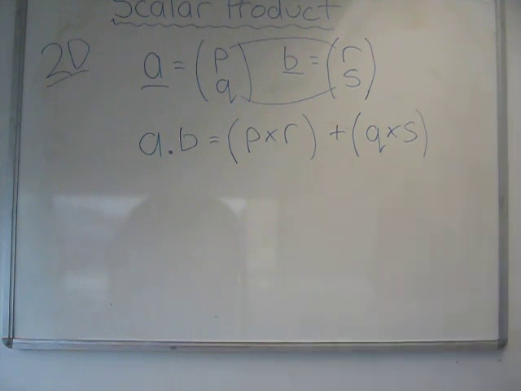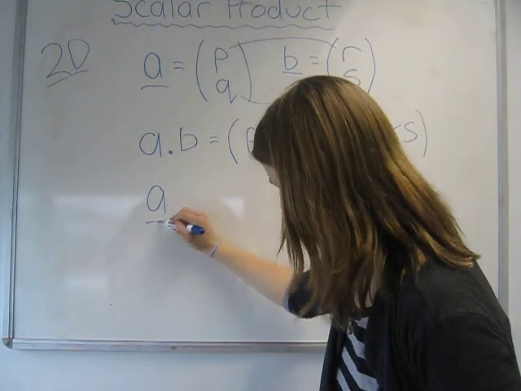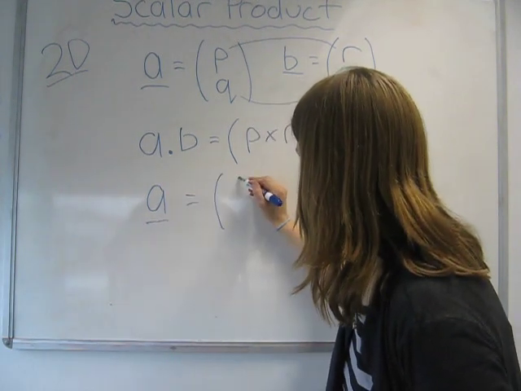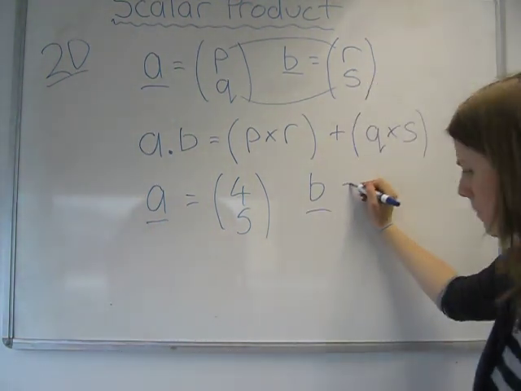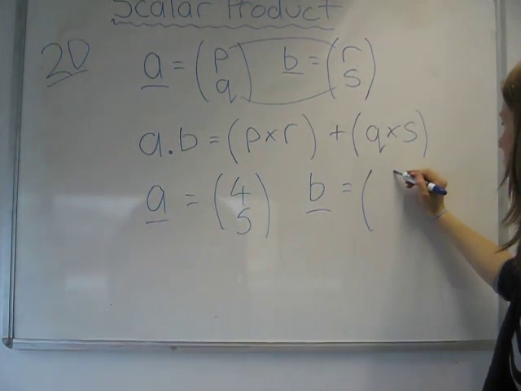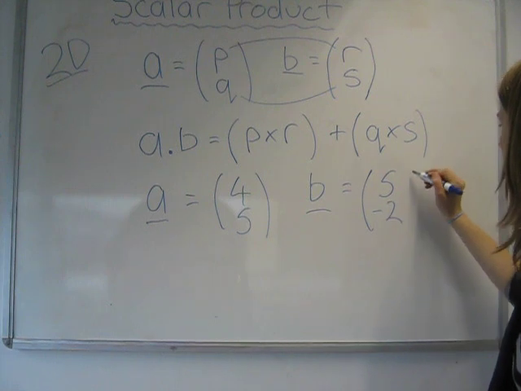Okay, so let's take an actual example of two vectors. Say we had A, which equals (4, 5), and we have B, which equals (5, -2).